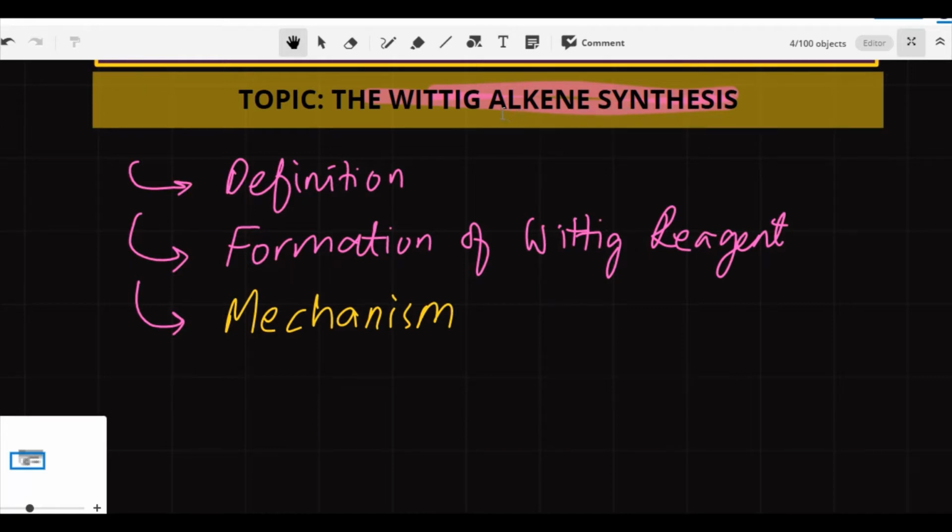What is meant by Wittig alkene synthesis? As the name indicates, it is the process in which we use the Wittig reagent to form alkene by the use of aldehyde or ketone.